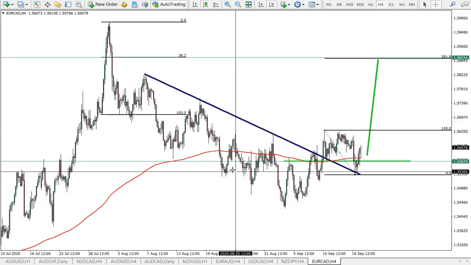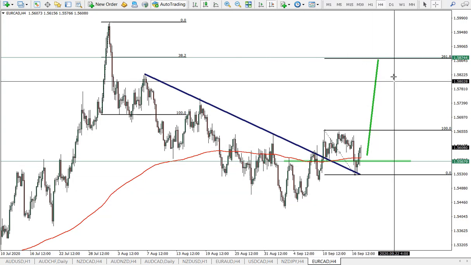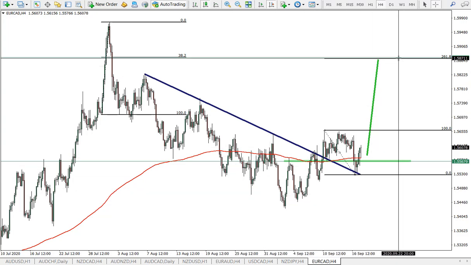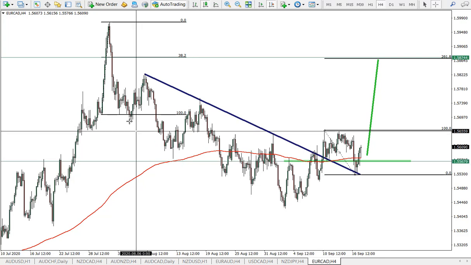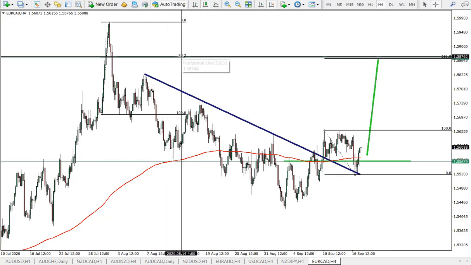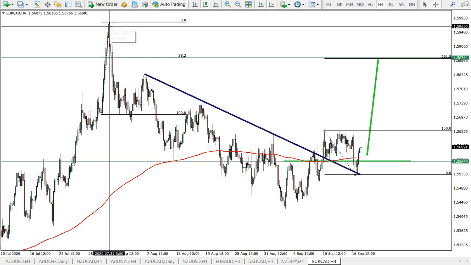In regards to the price potential, what we might see is a rise towards the 1.5870 area. First is the 38.2, which I have applied to the last wave to the upside. I do it quite often.